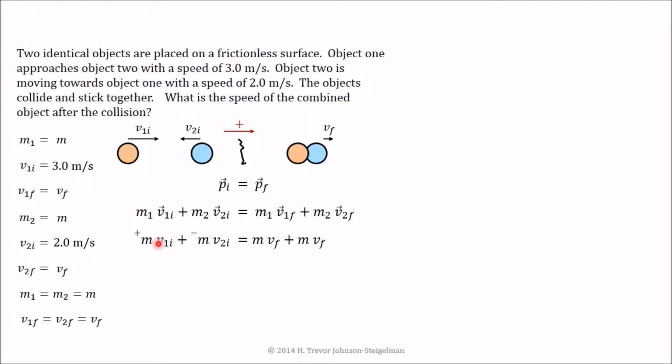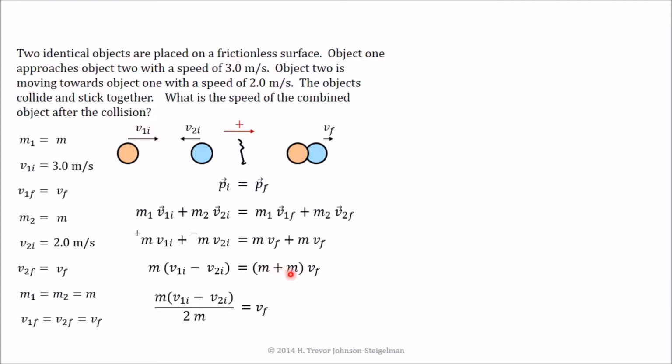Again, m1 becomes m, m2 becomes m everywhere that I see it. v1 initial is positive, v2 initial is negative, so I bake that right into the equation right up front. m1 and m2 are moving together afterwards, so I've got the same type of situation here. I've got m's in each term, I've got v finals in each term. I'm looking for v final, so I'm going to join those two together, and I'm going to factor out an m from each of the terms on the other side.